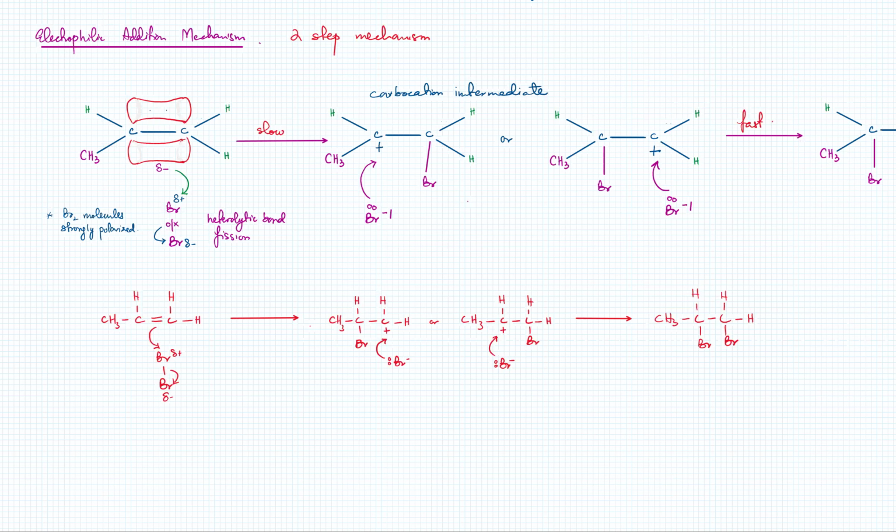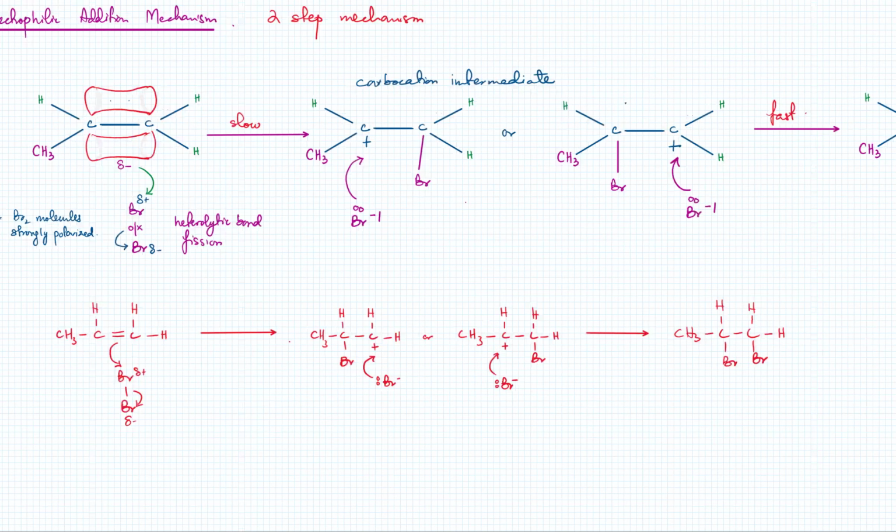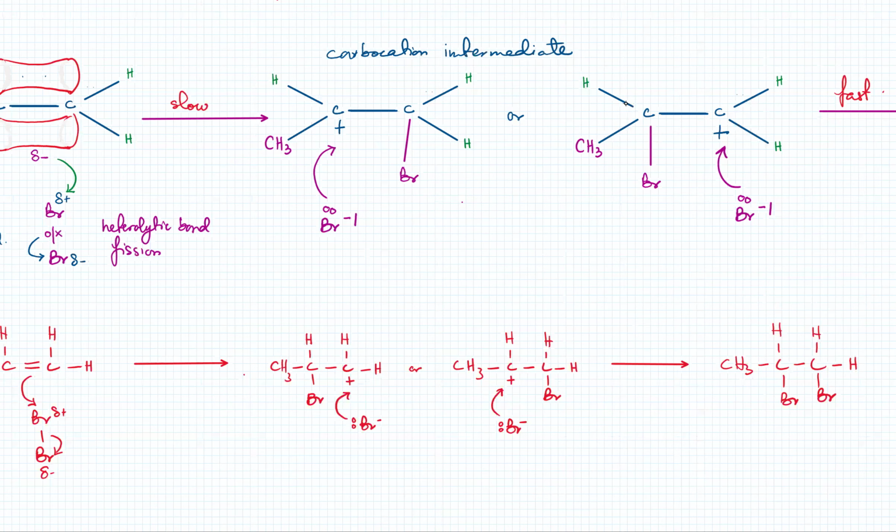Okay, remember, 2 degree and 3 degree carbocations are the most stable ones. And I'm going to give you the reasoning for that. This is the most stable one. This is the one that's going to form. The other one is the unstable one. For example, over here as well, this one is the most stable carbocation.